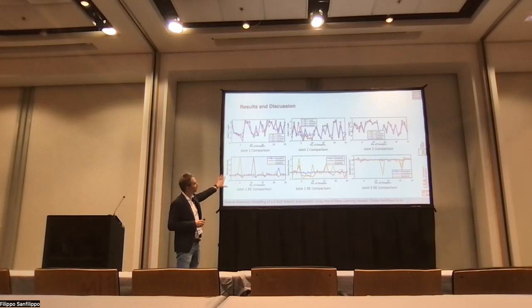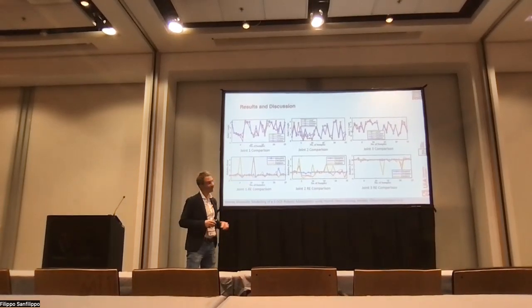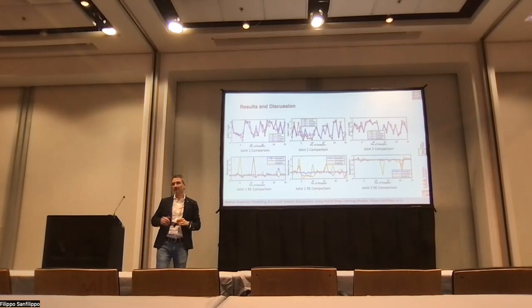Here, one of the metrics that we use for comparing these algorithms is the relative error. As you can see, the blue line is really close to zero, except for some spikes. And these spikes can possibly be explained by the fact that we reach singularities.